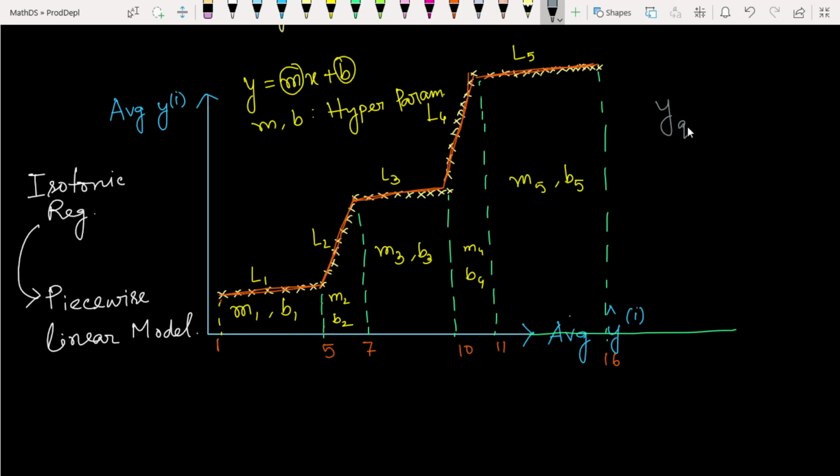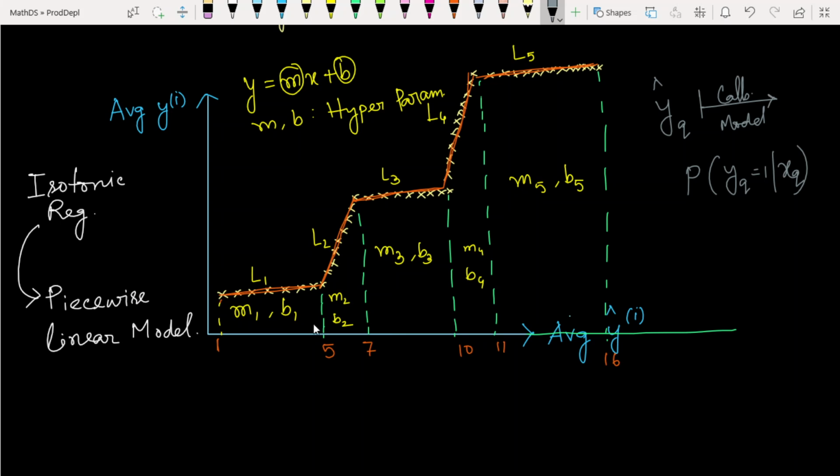On this data, we have to find a calibration model that will predict this value. That means it will predict the probability that yq is equal to 1 for a given xq. That's the job that we have to do.